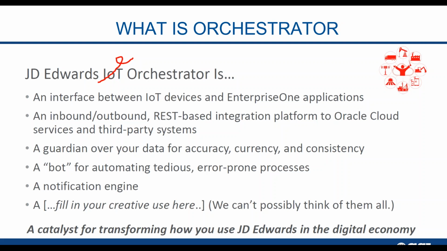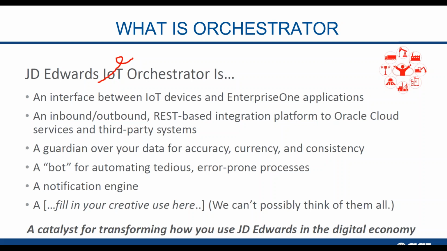Now, I said that the Orchestrator now embeds a notification process, and that's great because now you can collaborate both internally and externally of your organization, and you can start sending messages to other people, customers, vendors, whatever, to give them relevant information or tell them to act upon certain things.